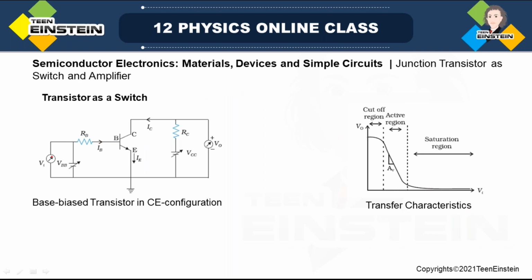All right, now let us do one thing. Let us see this BE junction. Here if I apply Kirchhoff's law, I hope you remember Kirchhoff's law. Which law will we be using?